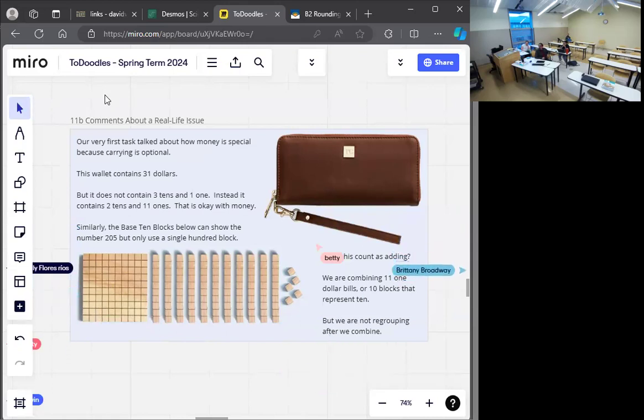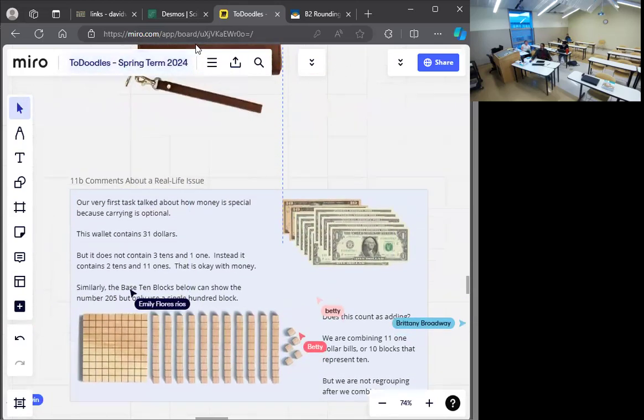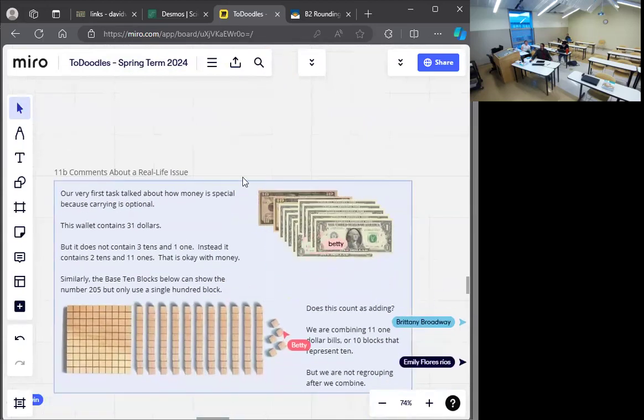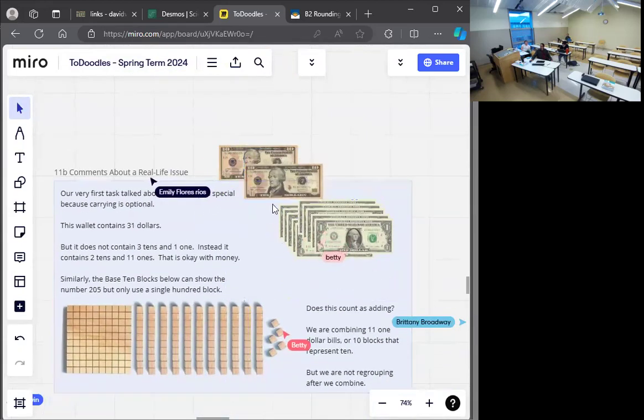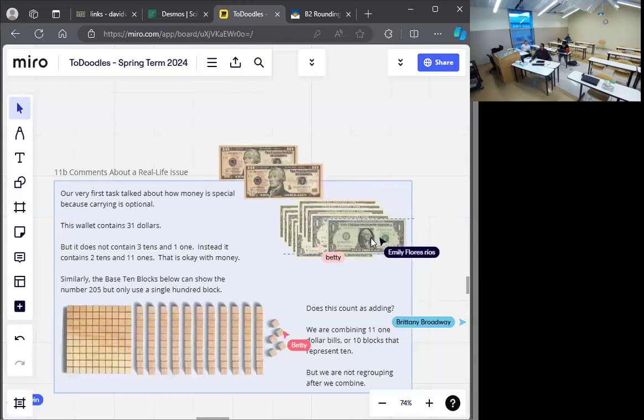Okay. Money, our very first task talked about how money was weird because you don't have to carry. Carrying is optional. If I move this wallet and I say there's $31 there, 10, 20, and then there's 11 ones. If I did this right, 1, 2, 3, 4, 5, 6, 7, 8, 9, 10.